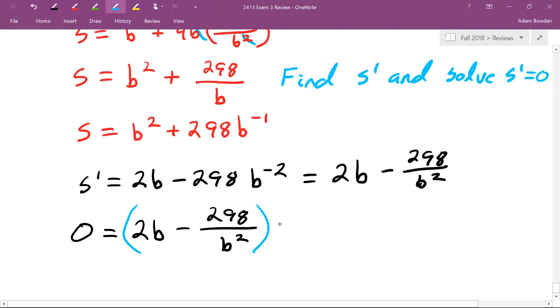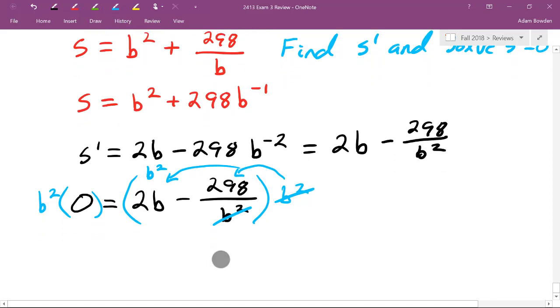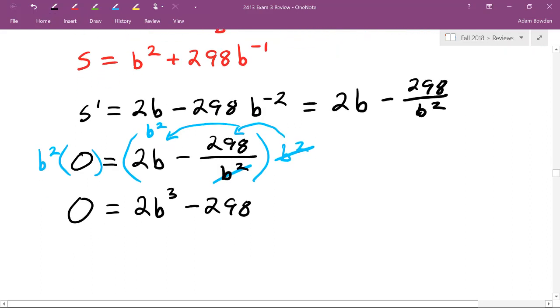To solve this kind of thing for 0, I'm going to multiply both sides by B squared. Distribute this into the parentheses. This will cancel out the denominator. This side will still be 0, and you'll have 0 equals 2B to the third minus 298. Now we'll continue to solve for B. That'll be 2B to the third equals 298, or B to the third equals 149.